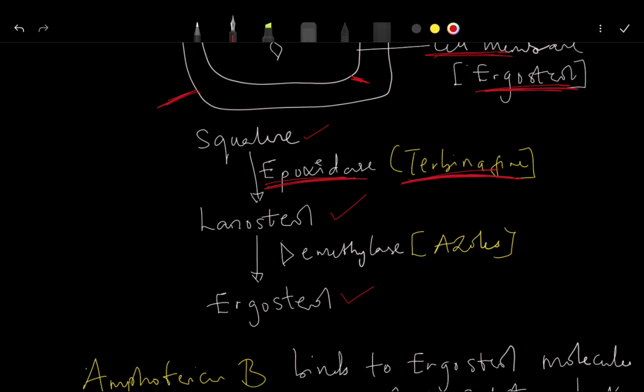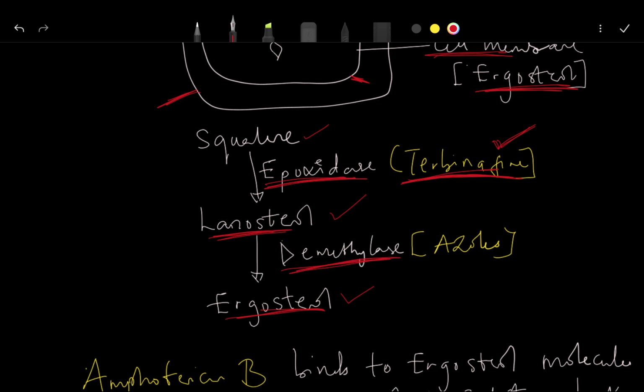So we have squalene going to form lanosterol, inhibited by what? The enzyme is epoxidase, and that epoxidase enzyme is inhibited by terbinafine. Take note of that. The lanosterol will be converted to ergosterol, and the enzyme responsible for that is called demethylase enzyme.